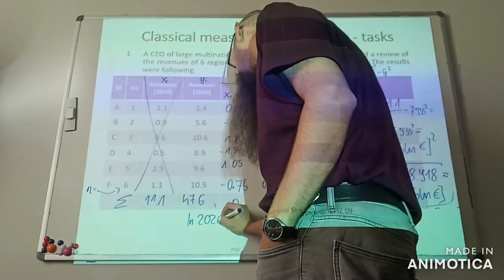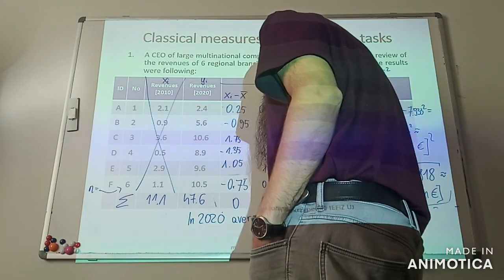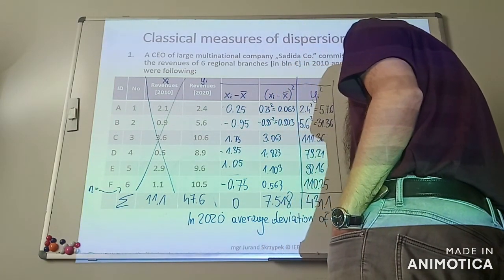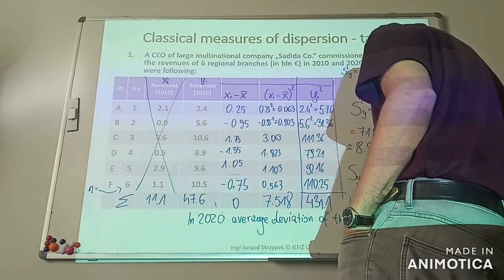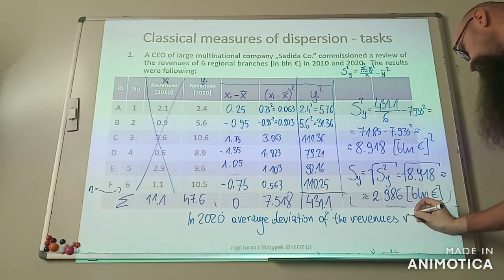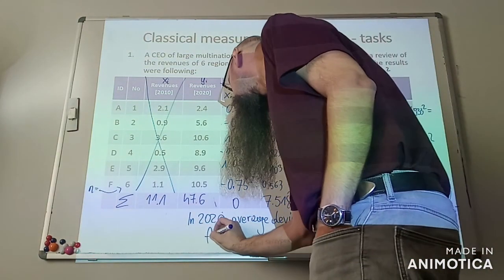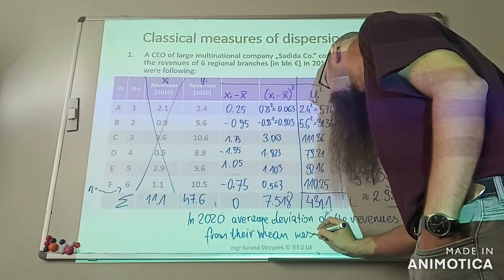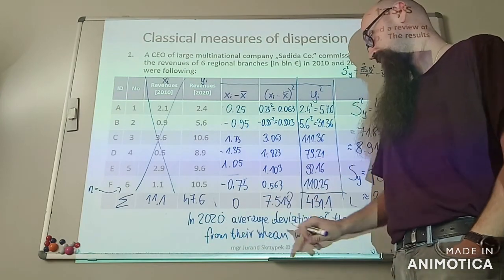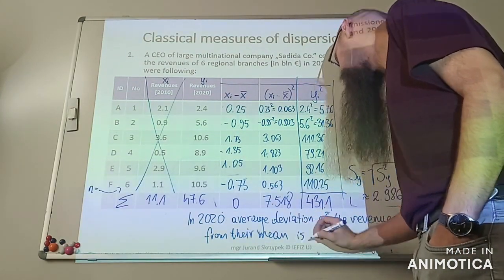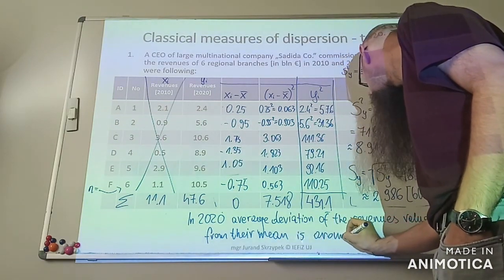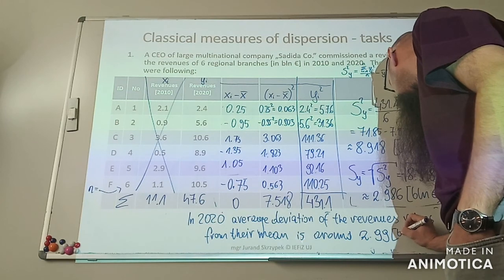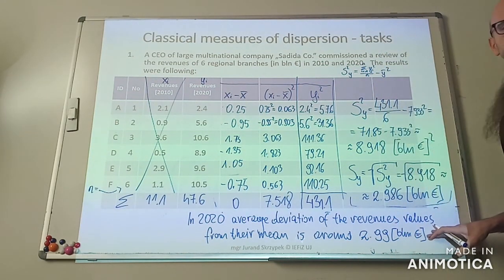In 2020, average deviation of the revenues values from their mean is around 2.99 billions euros. Yes, please write it down because it's very important.